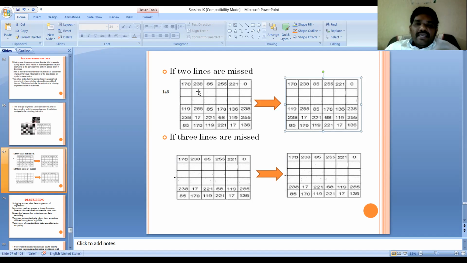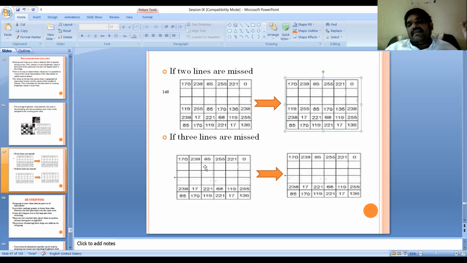Why are we repeating the values of the previous line here? Because in most instances, the features on the ground surface may hold similar characteristics. That is the reason we depict the same values in the missed scan line if more than one is missed. If two are missed, the first line is replaced with the primary values, and the second line is by adding and averaging.